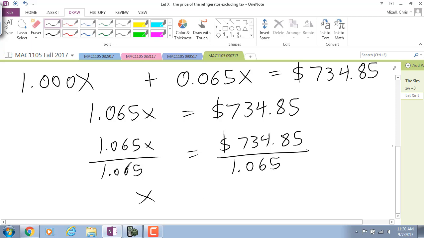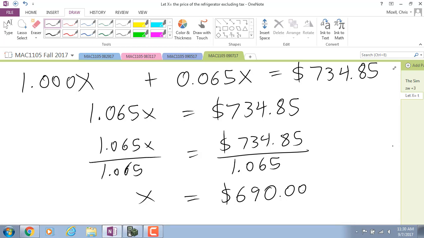X, and we'll round to the nearest cent if we have to. $690 even. All right. Easy enough to check that answer. Take the $690, multiply by 0.065. That'll be the sales tax, evidently $44.85.